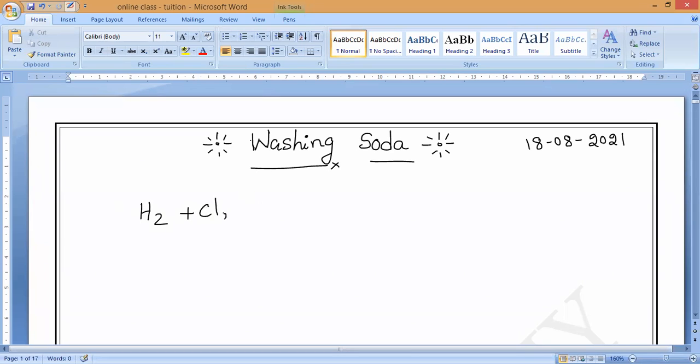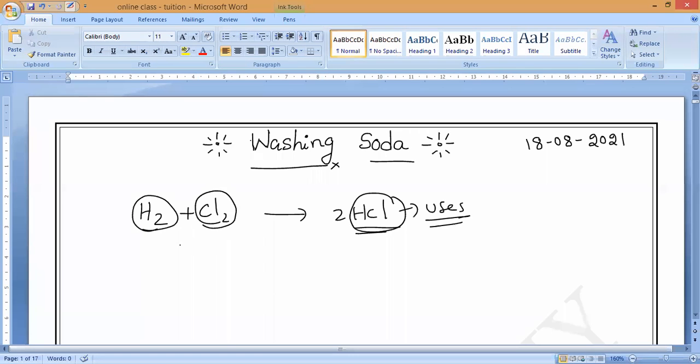H2 plus Cl2 gives 2HCl, an acid. I have already taught you all the uses of hydrochloric acid. Now, in the same way that I combined hydrogen and chlorine, these both are products of the chloralkali process.